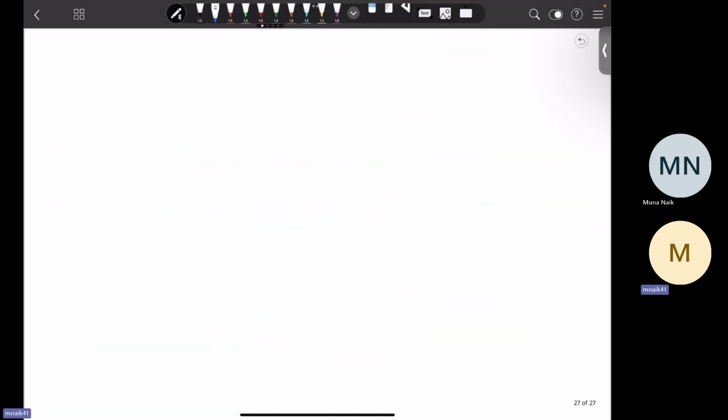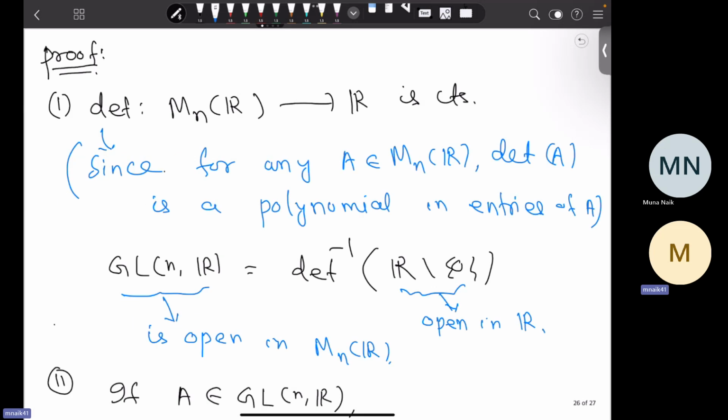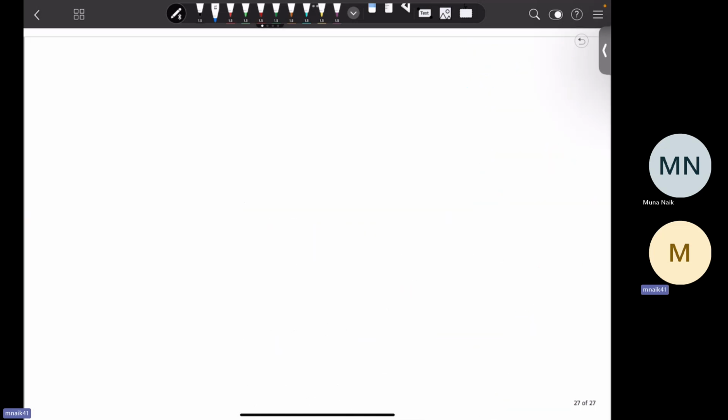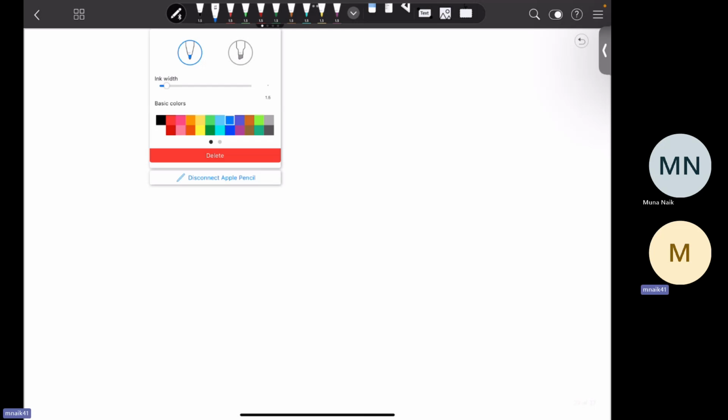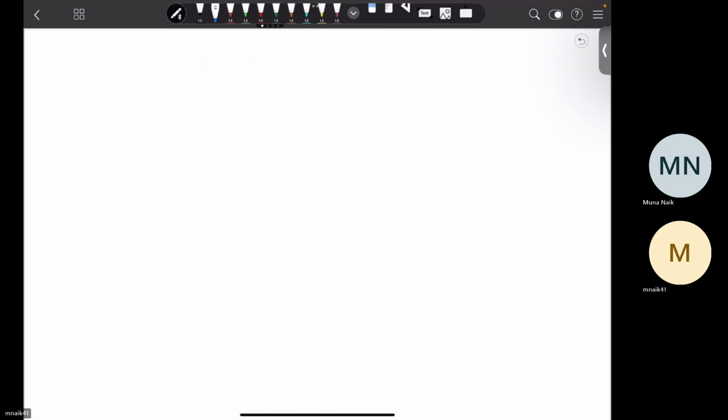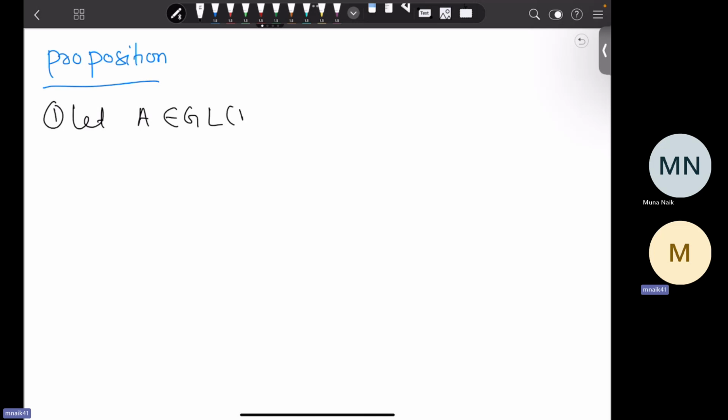So we will give the proof of this proposition in a different way. Proposition: let A belong to M(n,R). If the norm of A minus I is less than 1, this implies A is invertible.